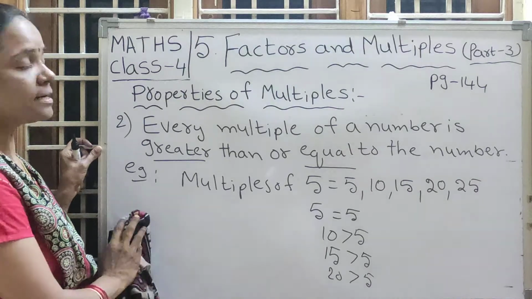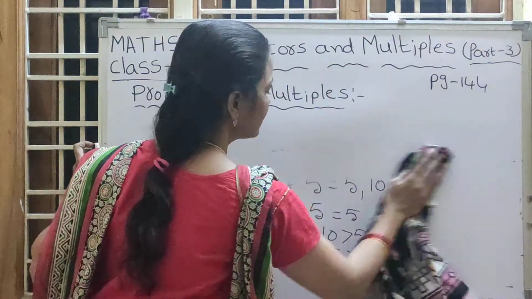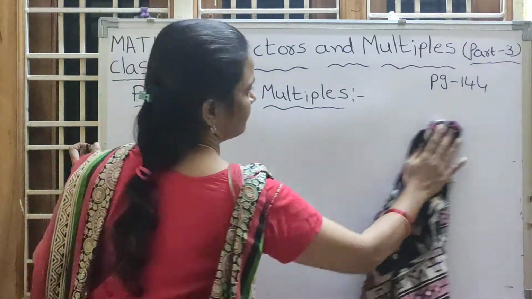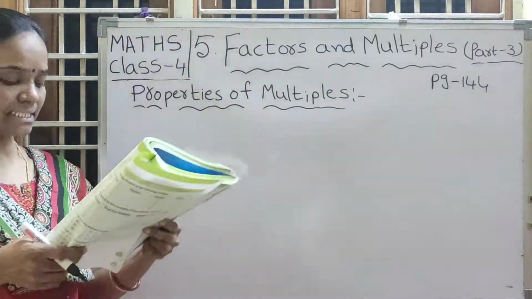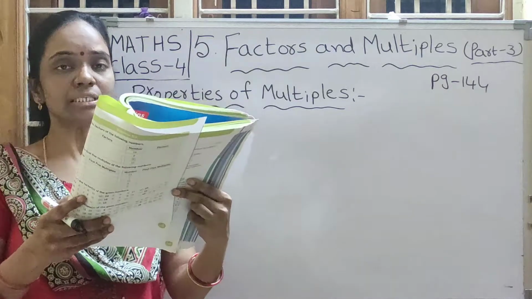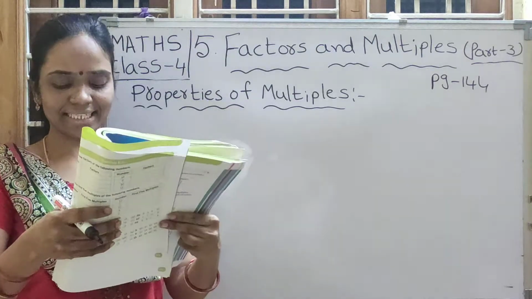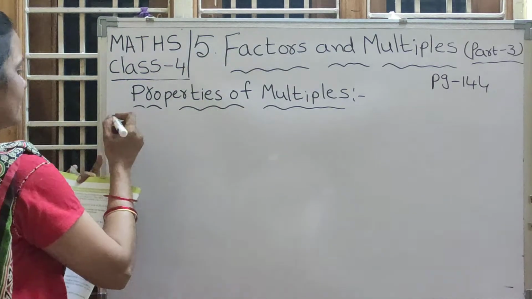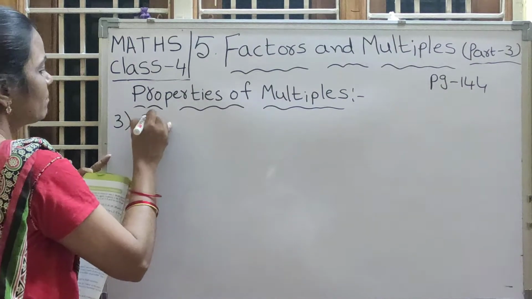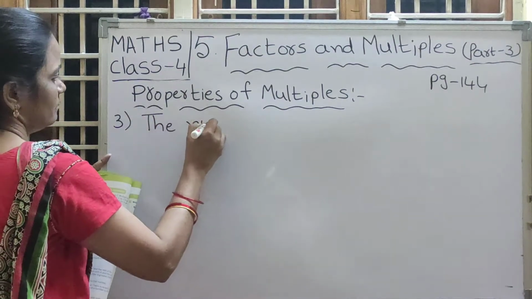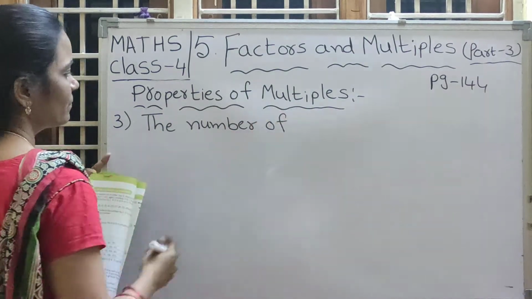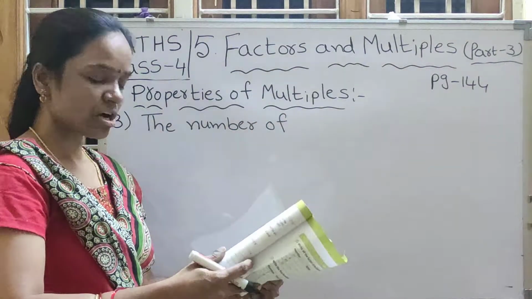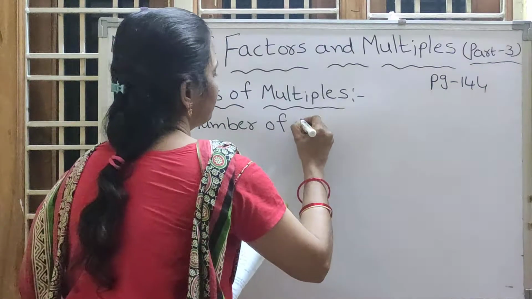Now take the third property. The third property is the number of multiples of a given number is infinite.